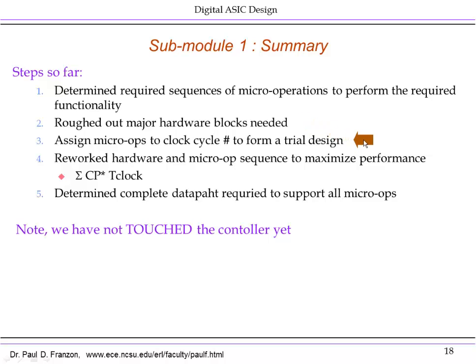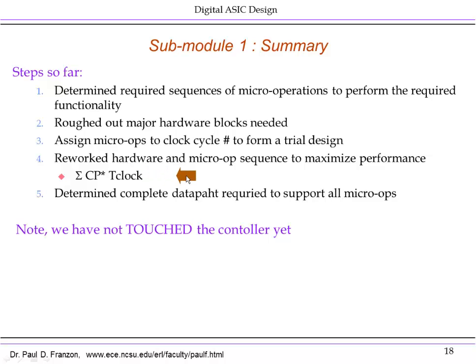We then tried to work out the sequence of micro operations on that hardware in order to get a trial design. We calculated the performance of that design, that is how long it took to complete the instructions on average. And what we found was very long, in this case, because there's a long critical path. So we broke up the critical path, which means changing the micro op sequence in order to try to obtain a design that's more optimal.